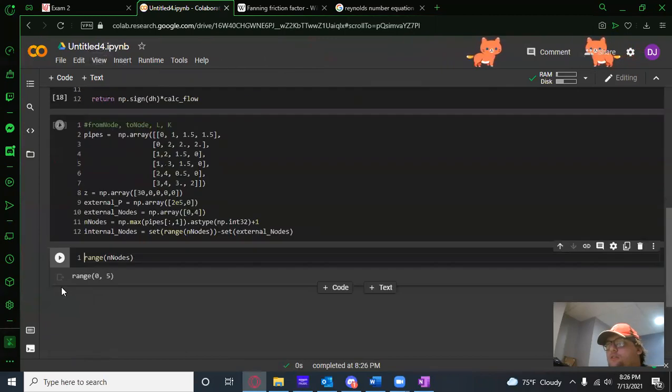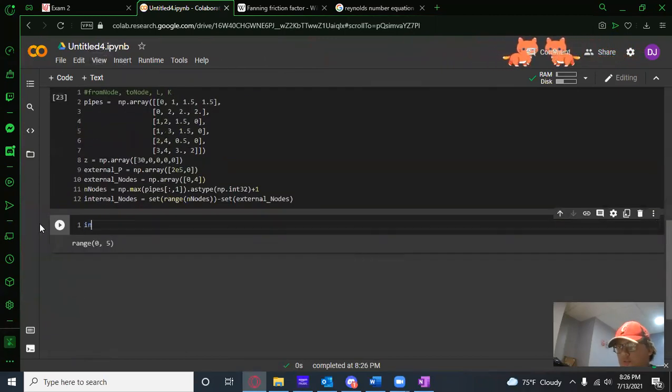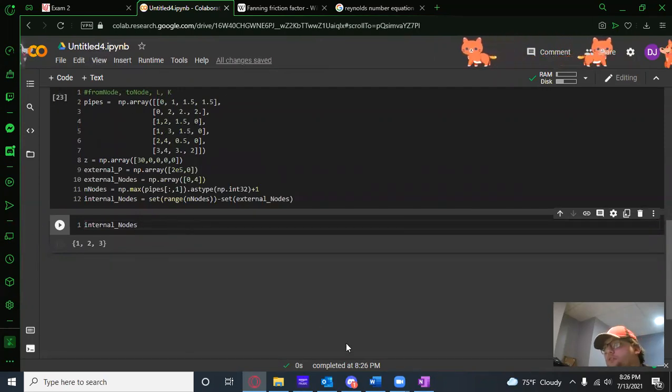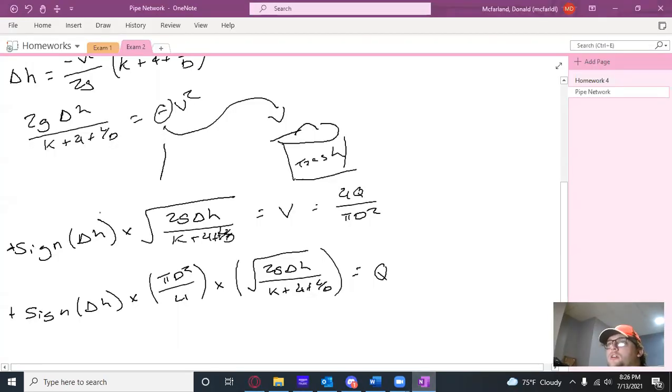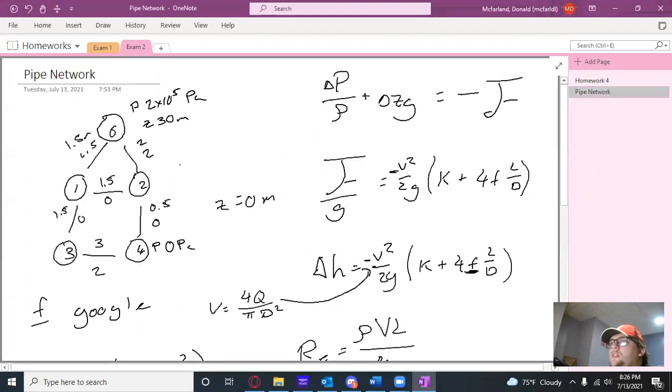Right, so if we're in the range, so 0 to 5, now if you look at the internal nodes, you're going to see 1, 2, 3, which are the internal nodes. So go back up to the top. Okay, there we go. So node 0 and 4 external, 1, 2, 3 are internal.